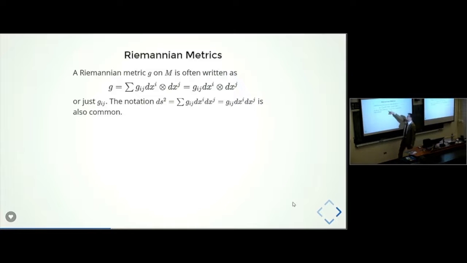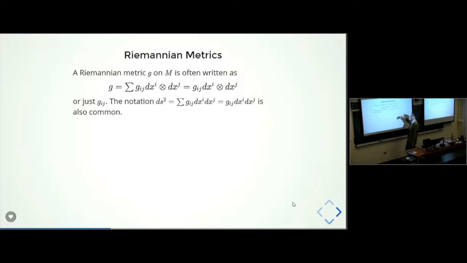So we often write a metric as some coefficients times dx^i tensor dx^j, where dx^i sends x^i to 1 and x^j to 0 if j is not equal to i, and so on. Then we adopted from physics this annoying Einstein summation convention, where you drop the sum, and if you see repeated indices, you sum over those repeated indices.